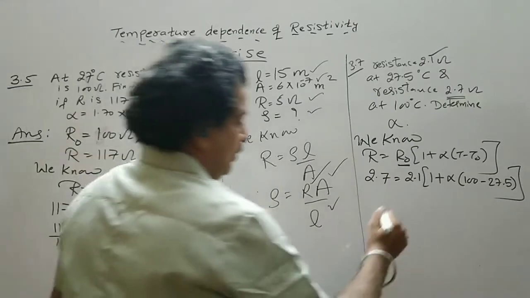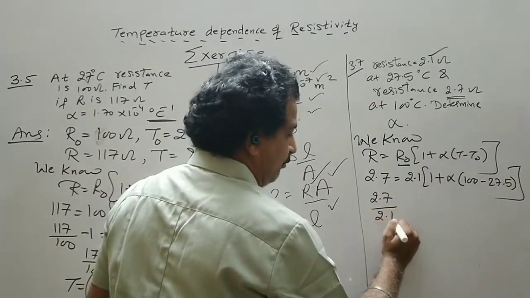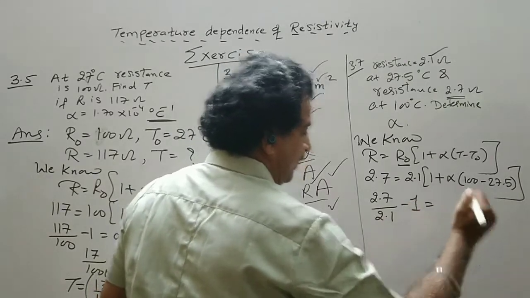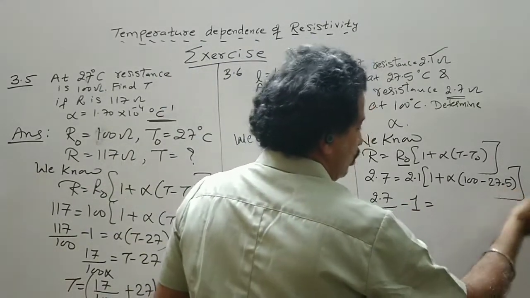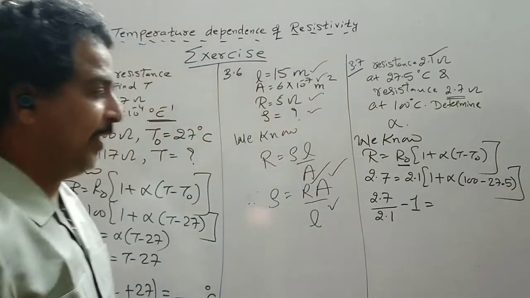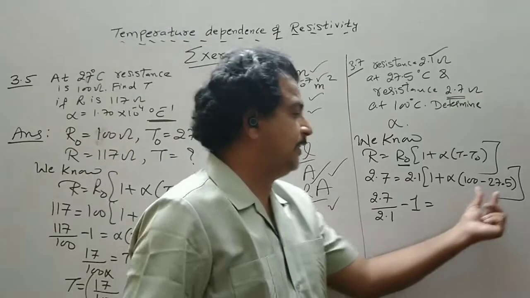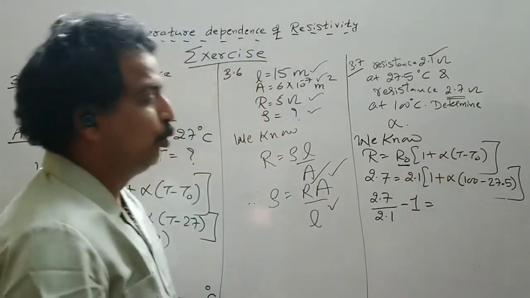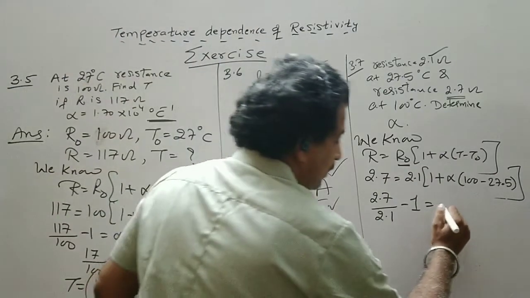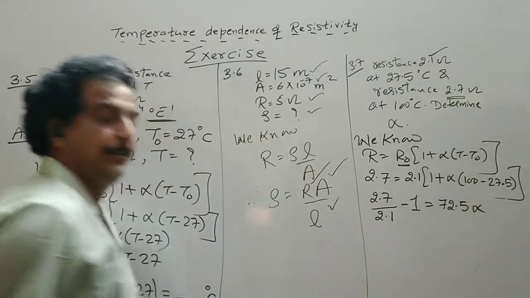So again we take 2.7 divided by 2.1 minus 1 is equal to 100 minus 27.5, that is 72.5 alpha.